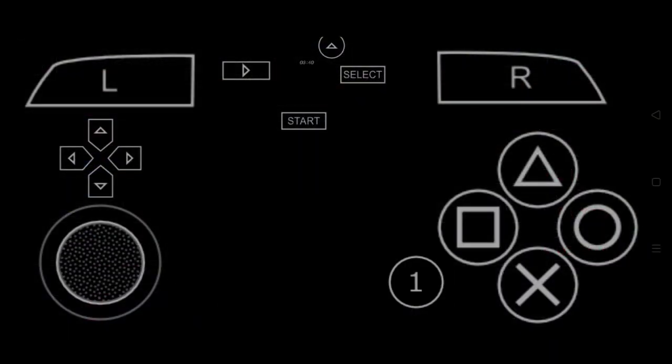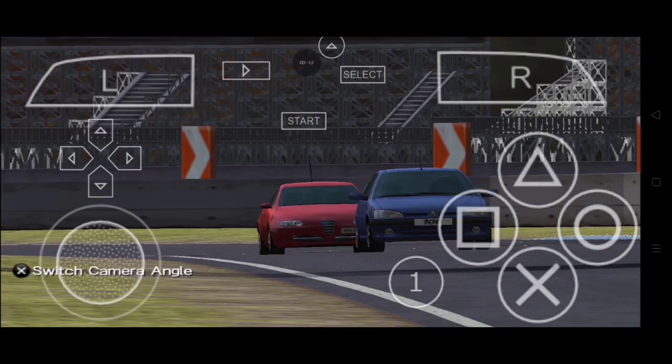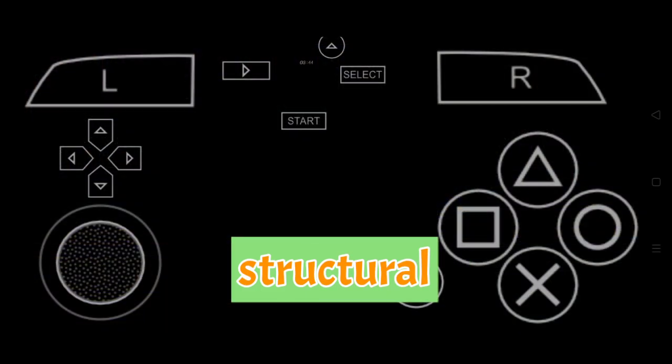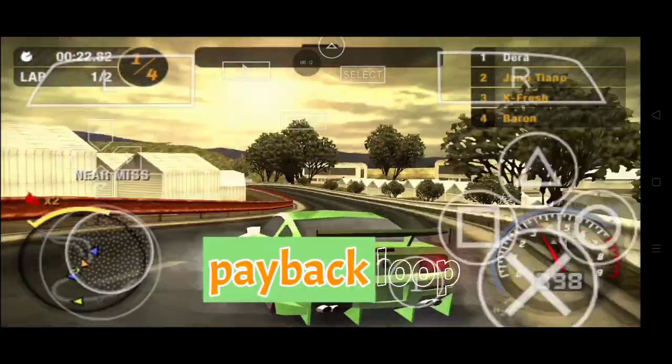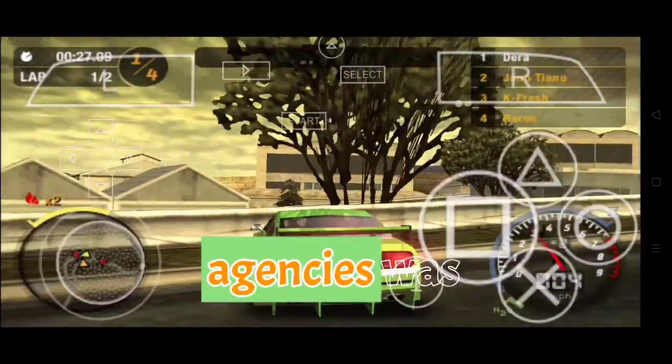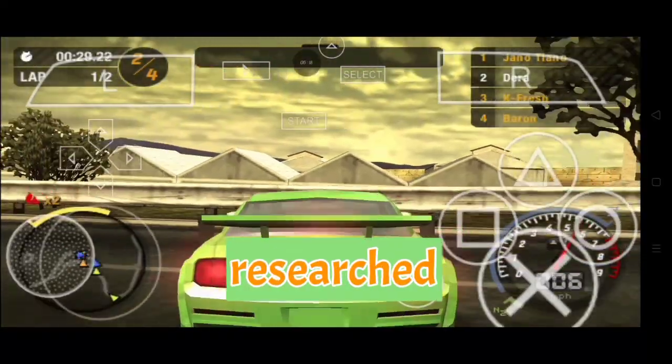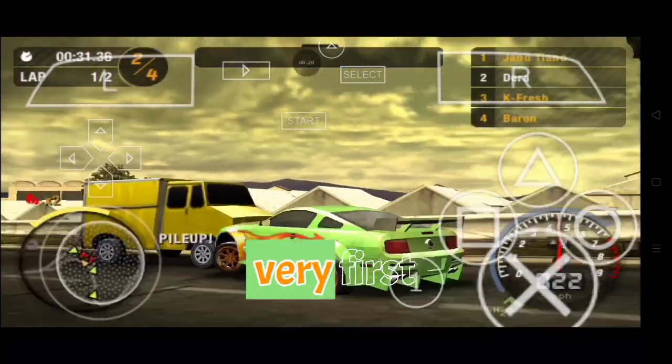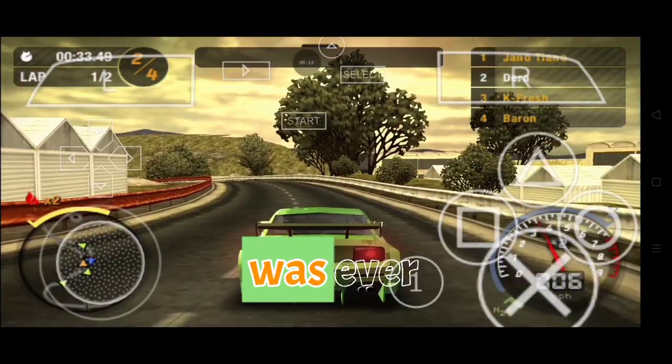The underlying psychological architecture of game design, the structural creation of rules, feedback loop mechanics, resource balancing, and the creation of player agency was meticulously researched and perfected centuries before the very first digital computer was ever powered on.